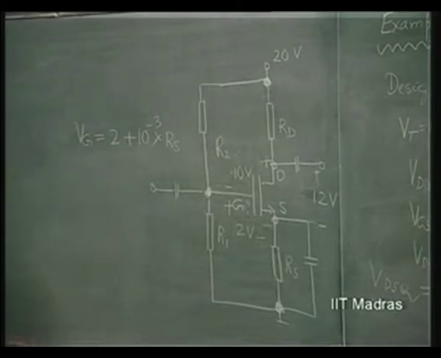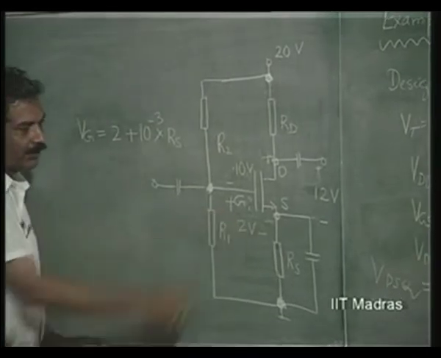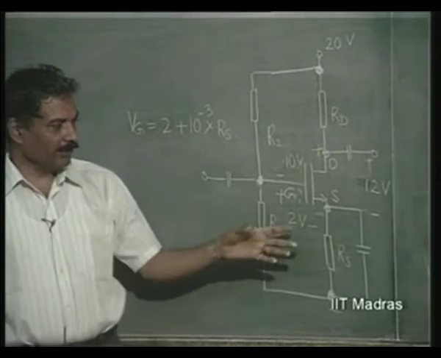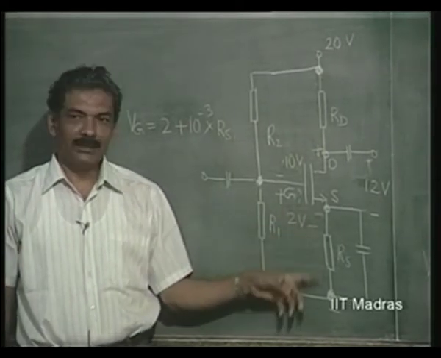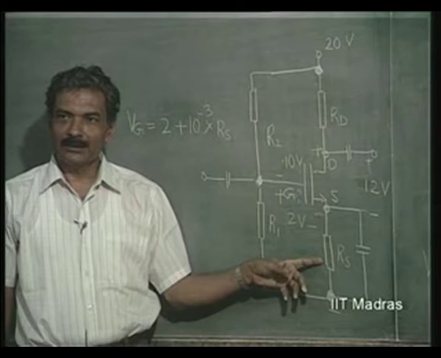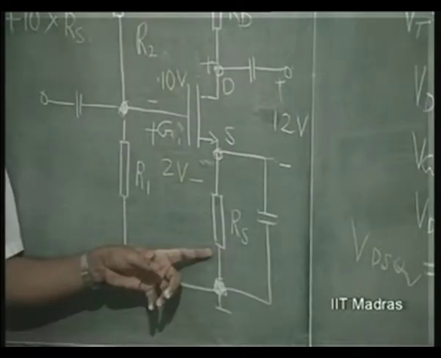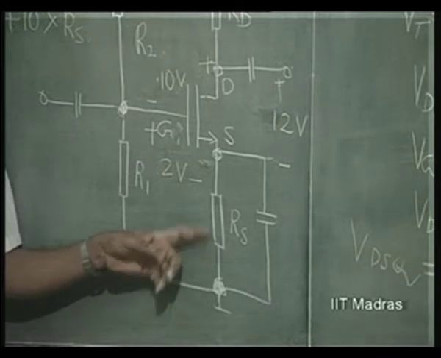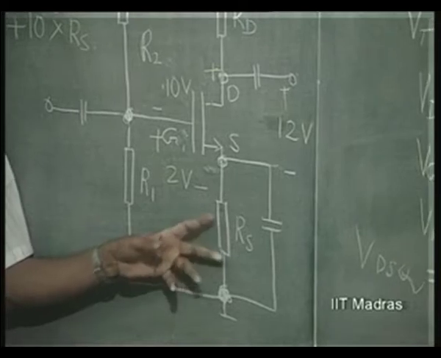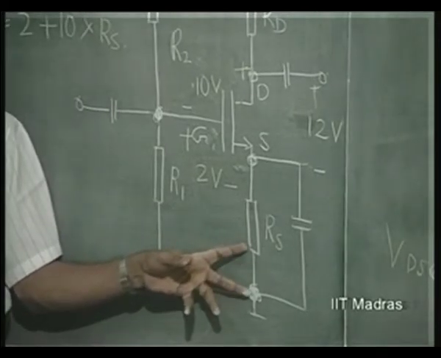However, this is already given as 2 volts. In order to make this drop negligible compared to the drop across this, only then is it a good operating point. So I had to make RS as large as possible for this.